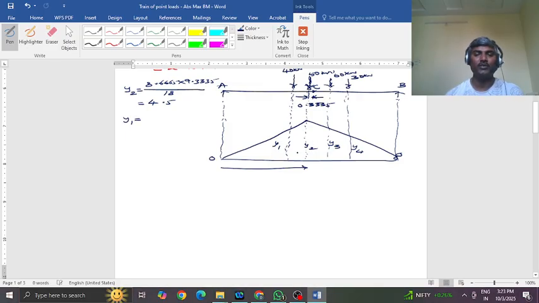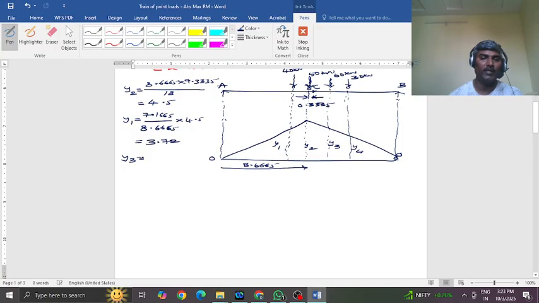So this is 1.5. So this is 8.665 minus 1.5, which gives 7.1665, divided by 8.665, into the ordinate value 4.5, which works out to 3.72.